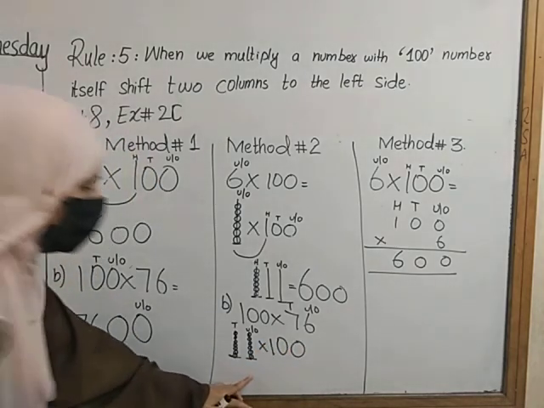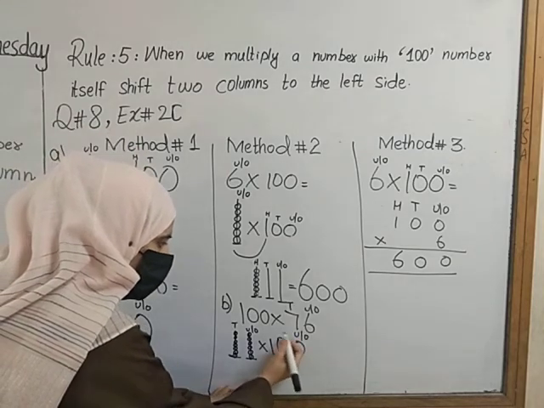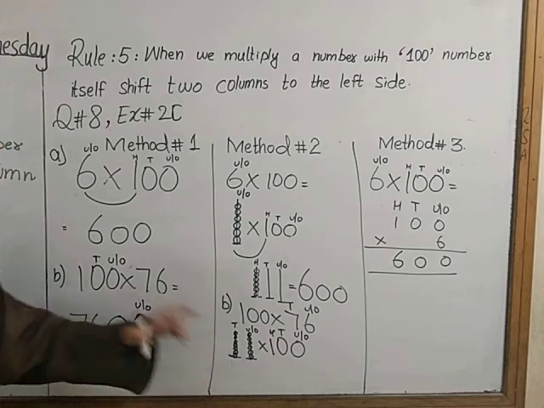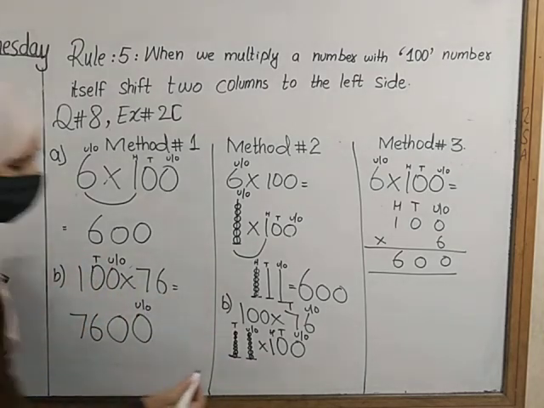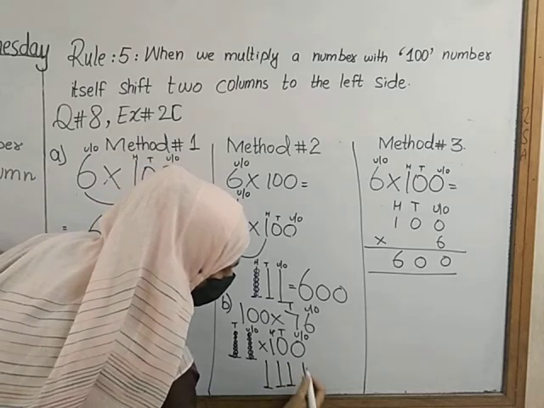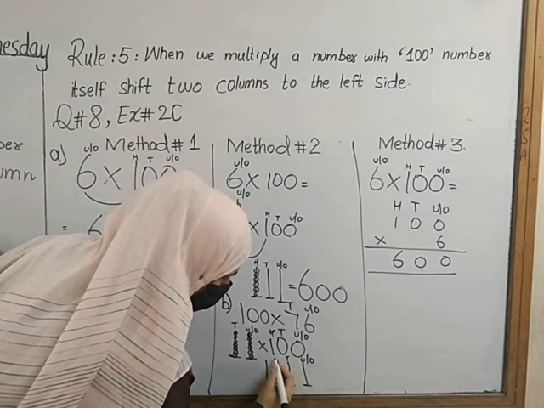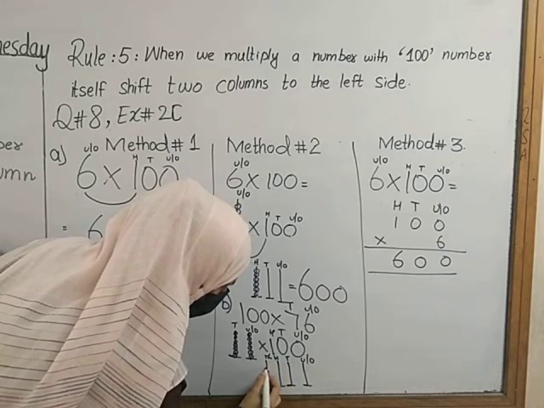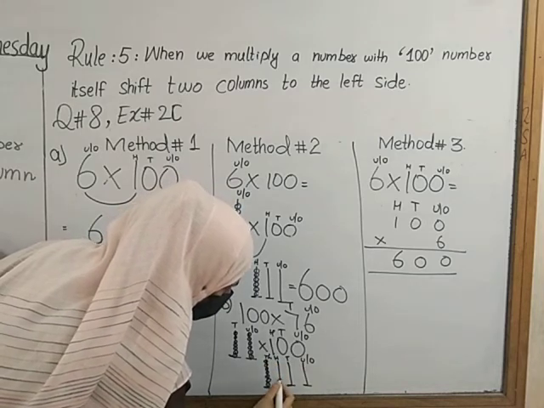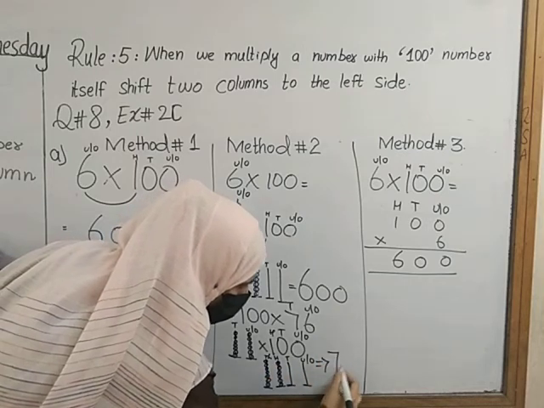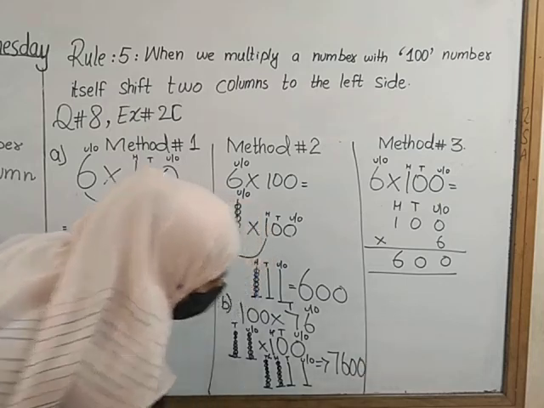Shift the 6 to the place value of 100 and shift the tens place value number into the place value of 1000. Simple: unit or ones, 10, 100 and 1000. So the number is 7600.